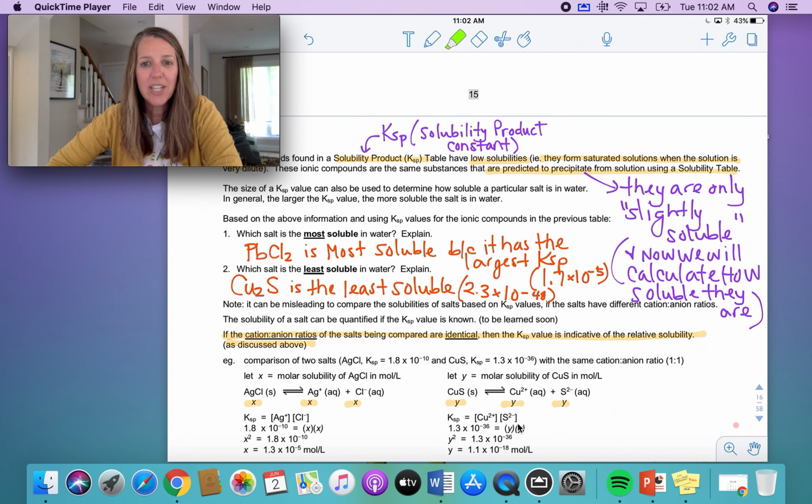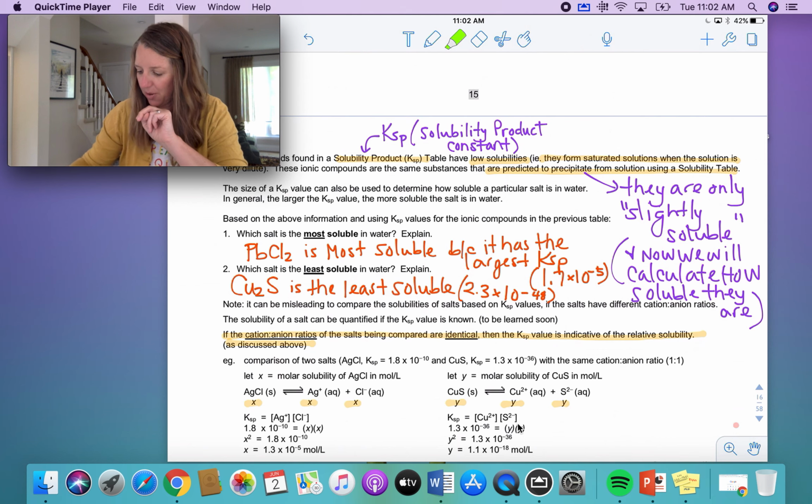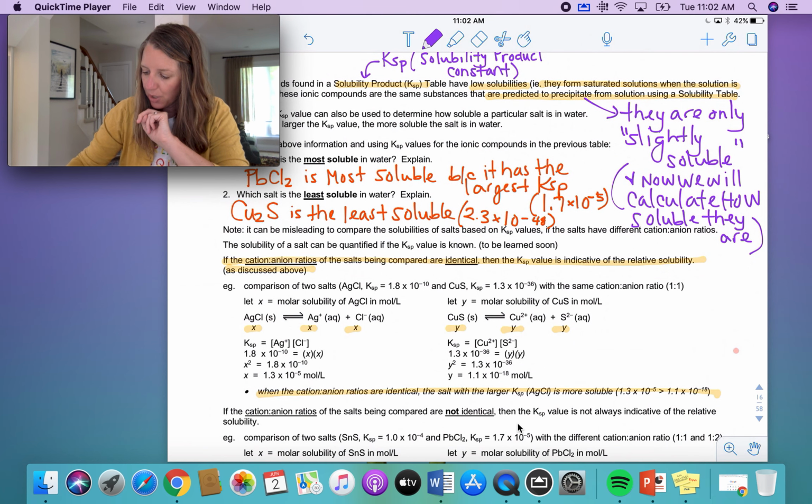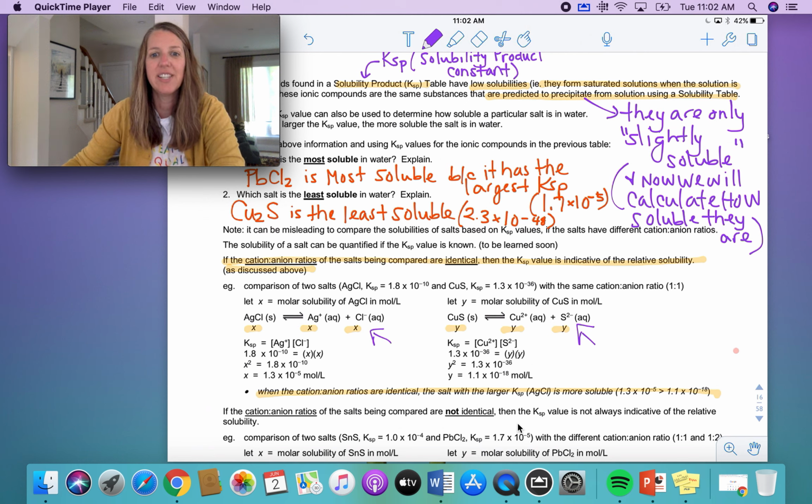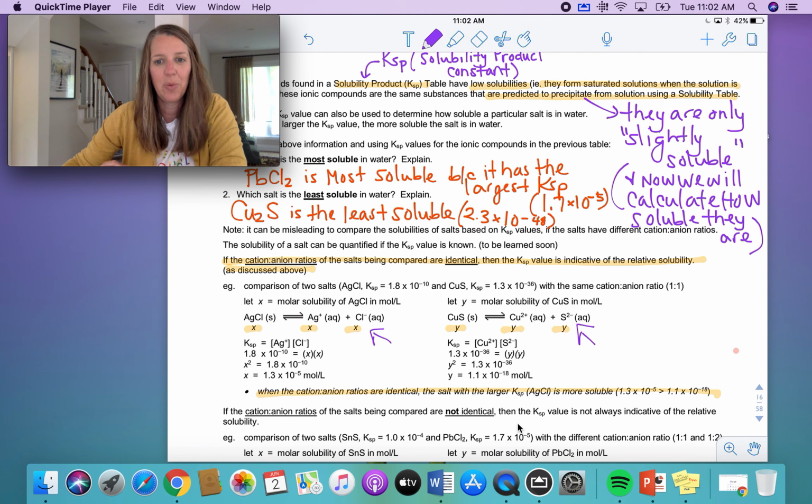Okay, it's very easy to compare solubility values if your ions have the same ratio. If you've got a cation to anion ratio, and this is an example where you've got a 1-to-1 ratio, if you're comparing the same things, then you can compare the KSP. When the ratios are identical, the salt with the larger KSP will be more soluble.